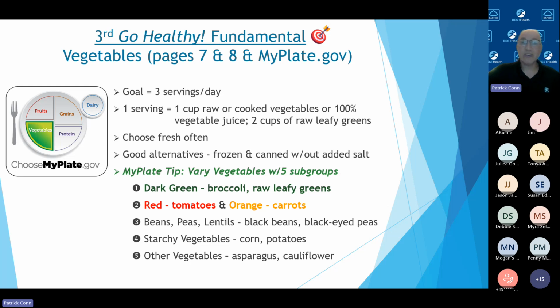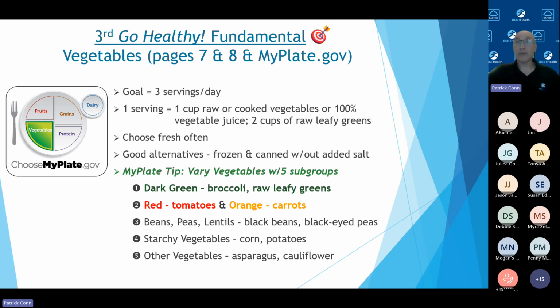Also, your red veggies would be things like tomatoes, your orange. They kind of put those 2 subgroups together. So red would be tomatoes, for example. Orange would be things like carrots. You then have your beans, peas, and lentils. Examples of those would be your black beans and black-eyed peas.